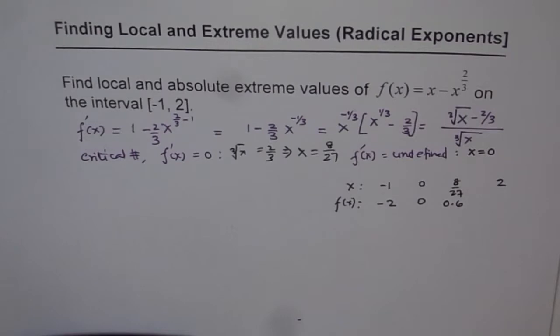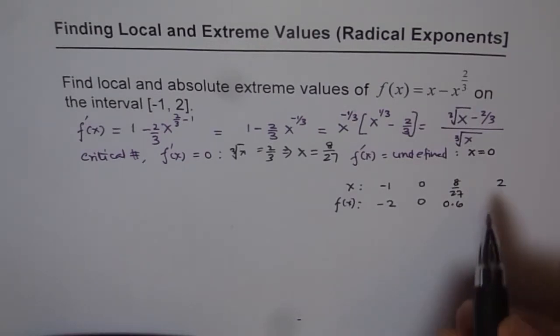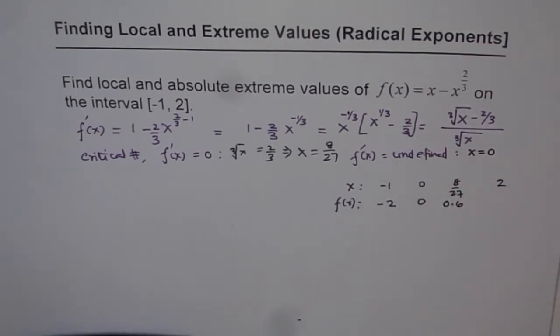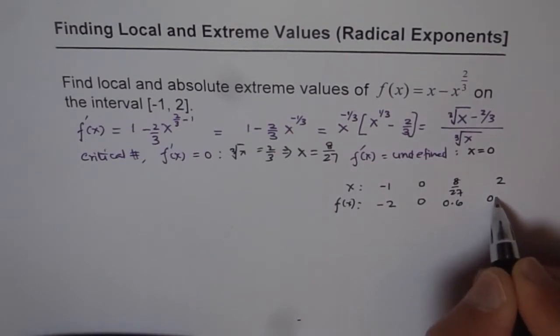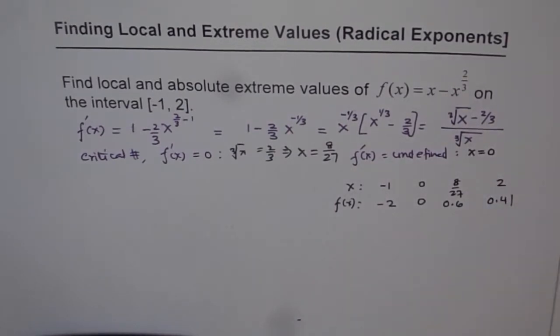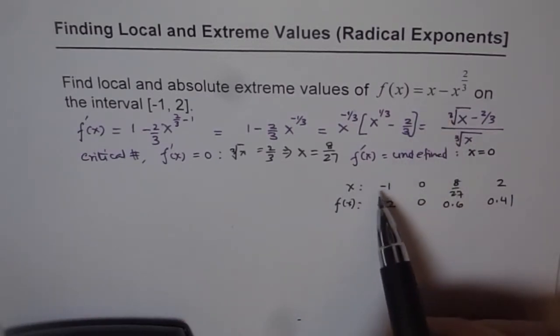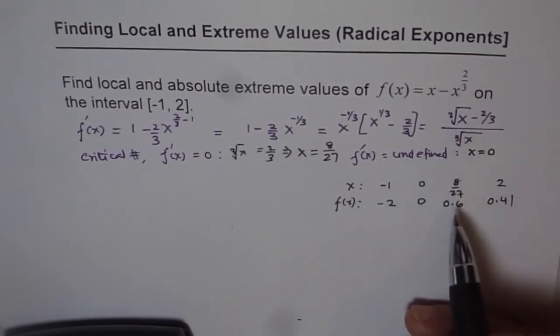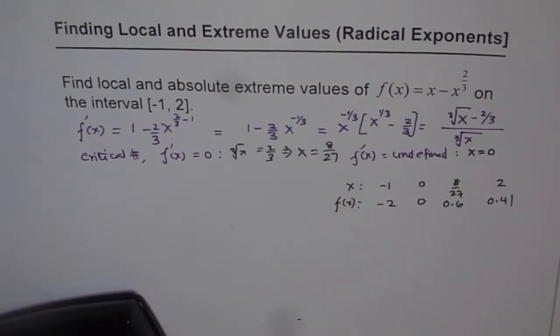Okay, so that is what I get for 8 over 27, and for 2 I get 2 minus 2 to the power of, within brackets, 2 divided by 3, equals 0.41. So these are the values which I get, and let me check them once again. For minus 1 it is correct, 0 is correct. 8 over 27 seems to be kind of tricky.